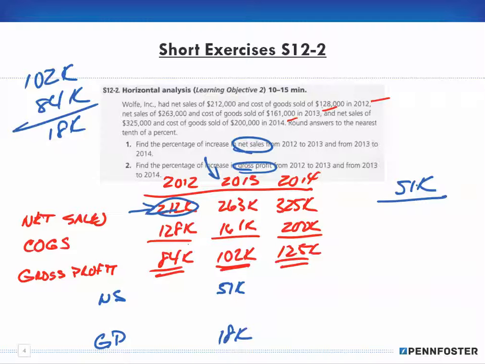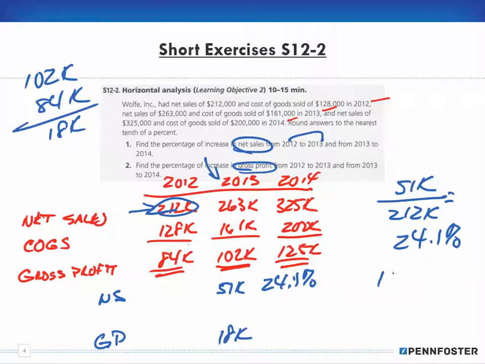So we're going to be dividing it by 212,000, and that gives us 24.1%. When we round it, it's like 24.05. So our percentage is going to be 24.1%, and this is for 2012 to 2013.